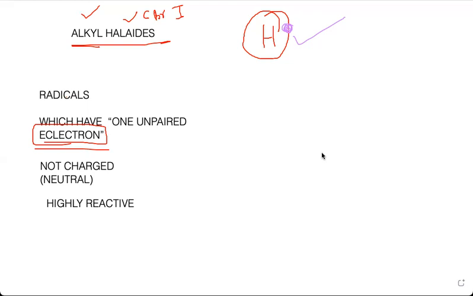We don't discuss that carbon is less reactive and oxygen is more reactive. No, we discuss the reactivity of the compound in terms of radicals. Hydrogen is a radical. Reason? One unpaired electron, not charged. This is a neutral one, and highly reactive. Okay, let me show you one more example.